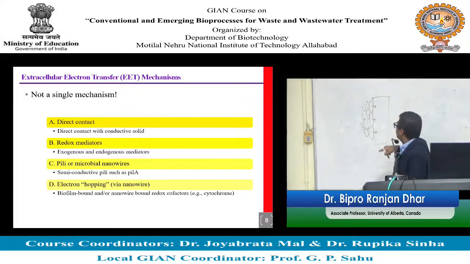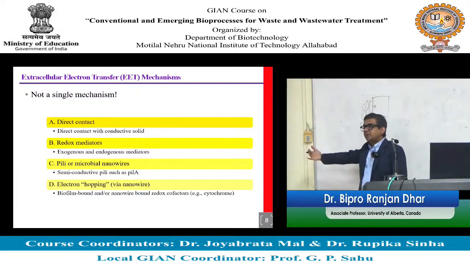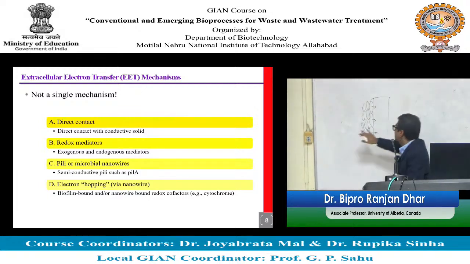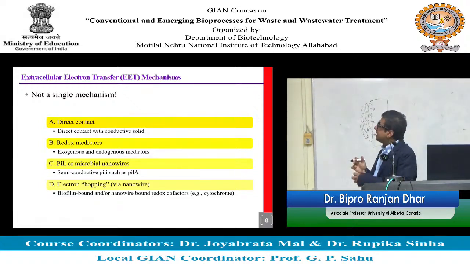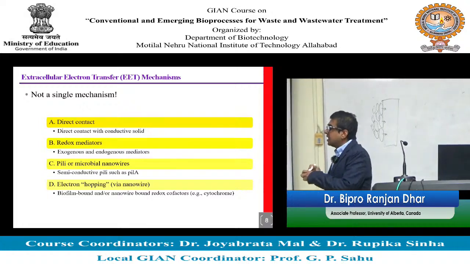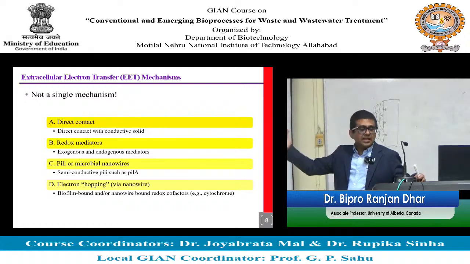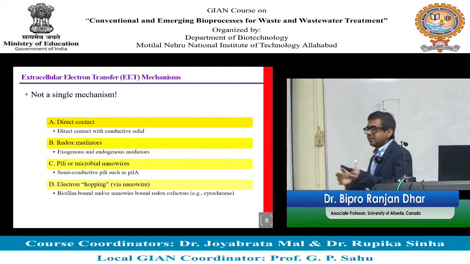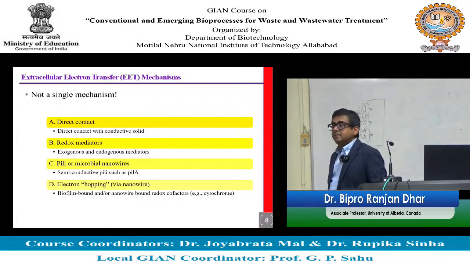So then they thought, that means the microbes in the outer layer of the biofilm can do long distance electron transfer. So those microbes don't necessarily need to be attached to the electrode surface, right? Then they decided that direct contact is not enough to produce high current density from this kind of system, so other mechanisms might be active there.